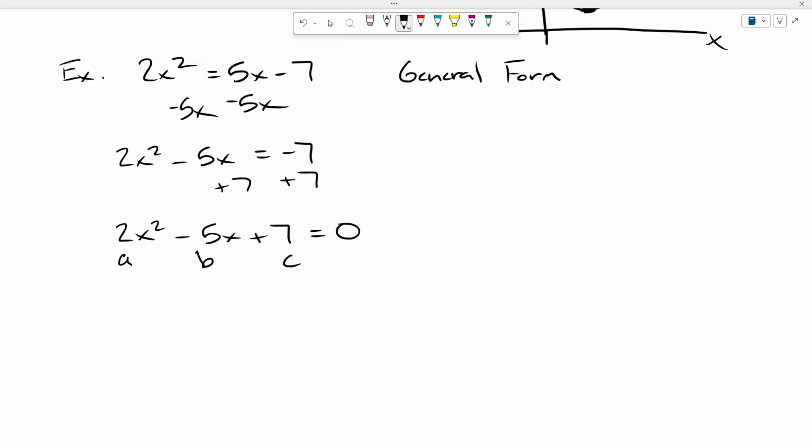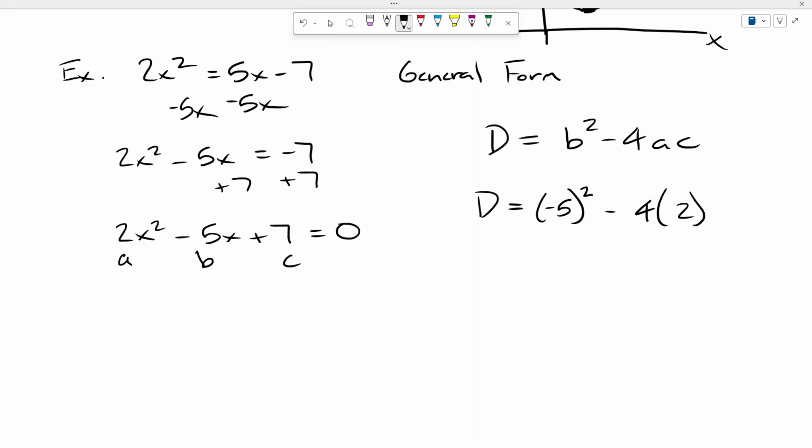And then we can identify our a, our b, and our c. And we said the discriminant, that's the part under the square root in the quadratic formula, b squared minus 4ac. So in this case, the discriminant is equal to b, which is negative 5, squared minus 4 times 2 times 7.